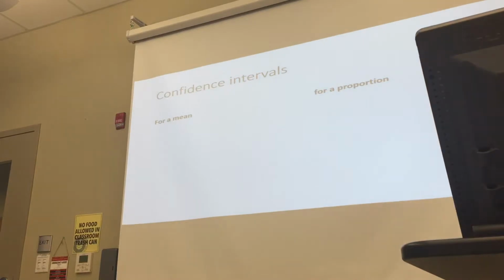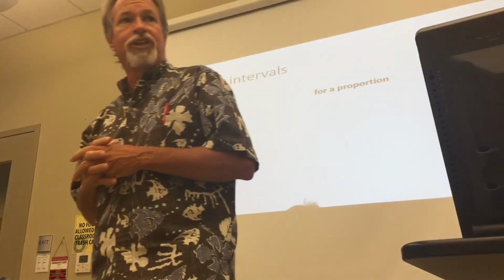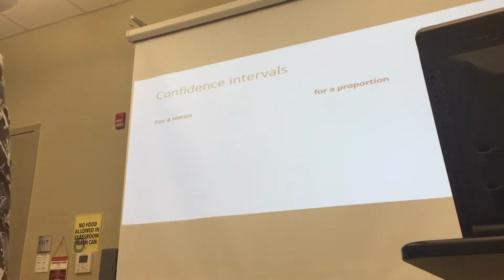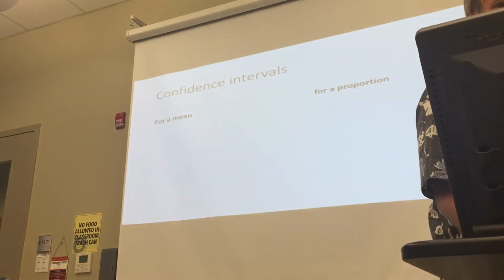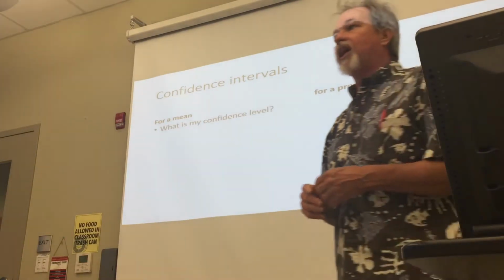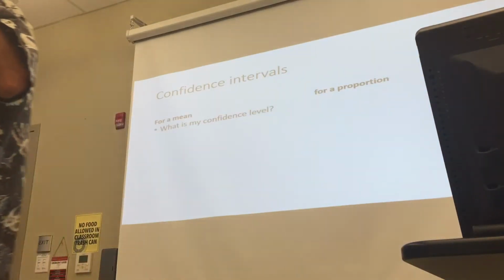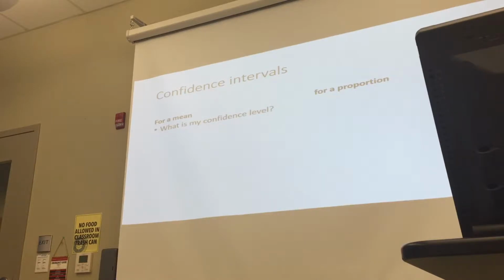So when we start doing confidence intervals, the first thing we ask ourselves is, is this a mean or is this a proportion? We use these two questions the same whether it's a mean or a proportion. We always have to say, what's our confidence level?